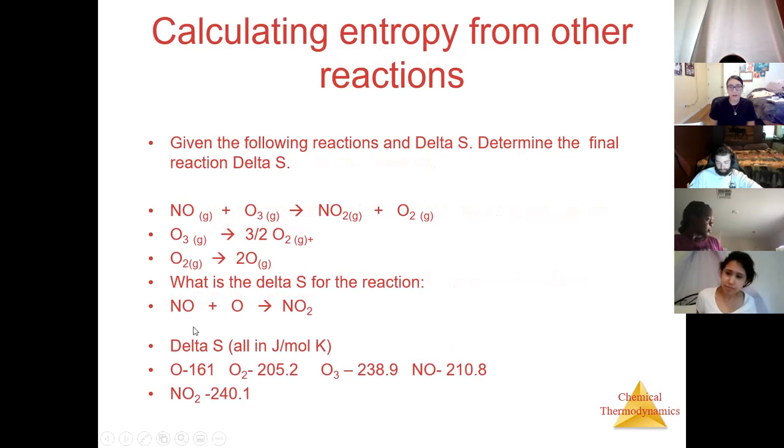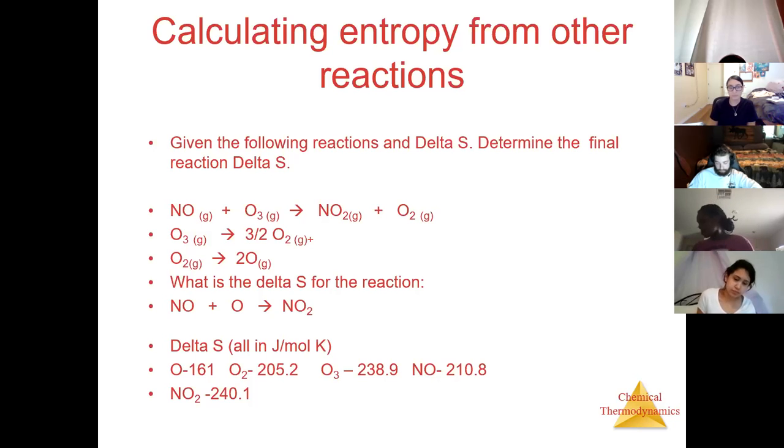For the moment, do not pay attention to the bottom numbers there. All right. I have my overall reaction, the one I want to know what the entropy is: NO plus a single O yielding NO2.